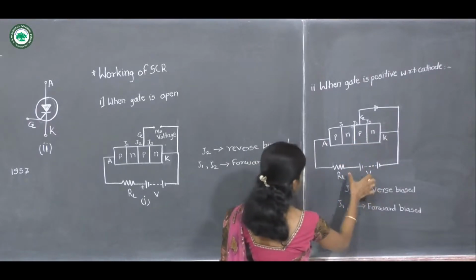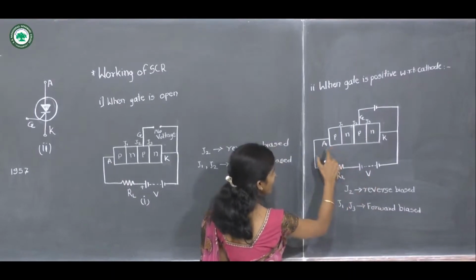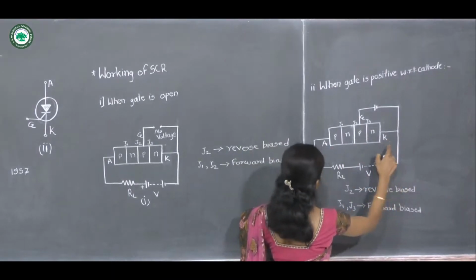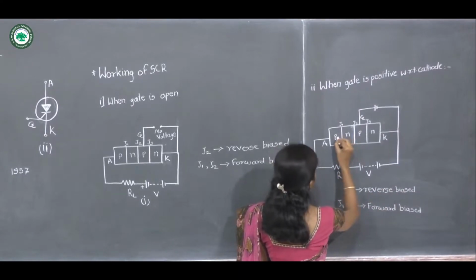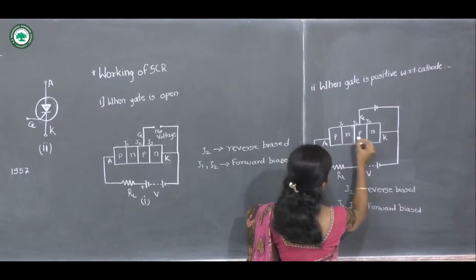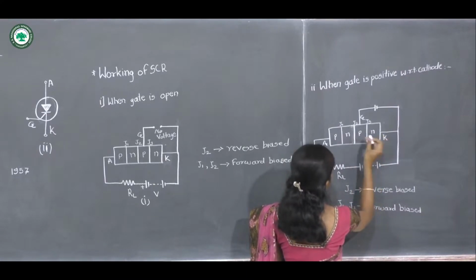Due to connection of the positive terminal to the anode and the negative terminal to the cathode, holes will move in this direction and electrons from this N region will move in this direction.